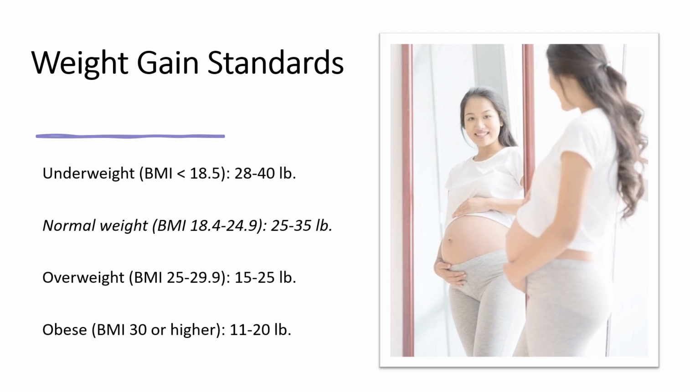Again, that does change based on whether or not you're underweight or overweight or obese. Obviously, if you're obese, we don't want you to gain 25, 35 pounds. However, if you are at normal weight, we do want to recommend that you gain, because that means that the fetus is growing appropriately based on the size and the weight and so forth. So please review this slide. Very important to know. You definitely will be tested on this material.